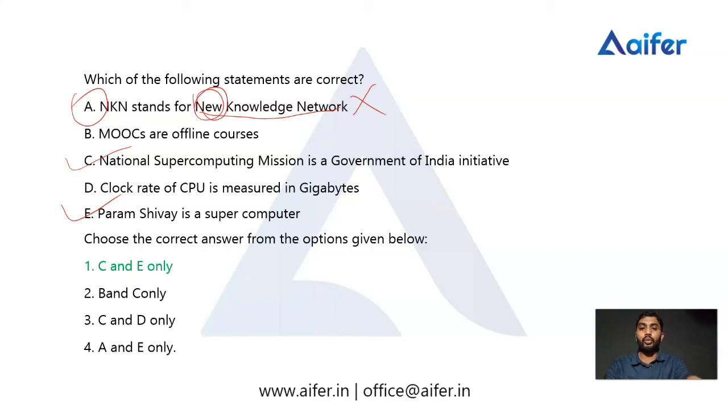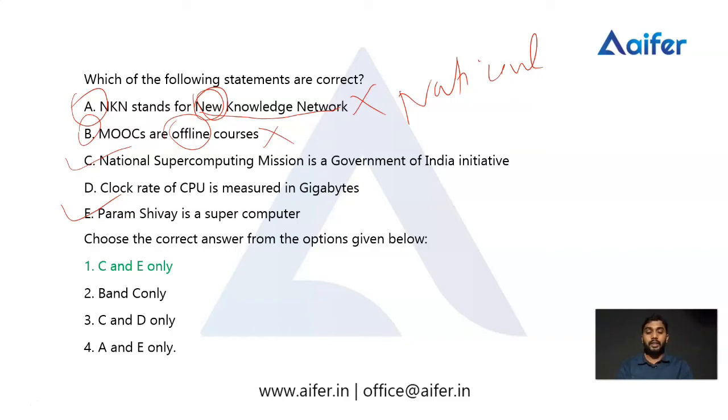Instead of new, it is national. NKN stands for National Knowledge Network. Again, the second one, MOOCs are offline courses, but it is wrong. MOOCs are online courses. MOOCs are not offline courses.